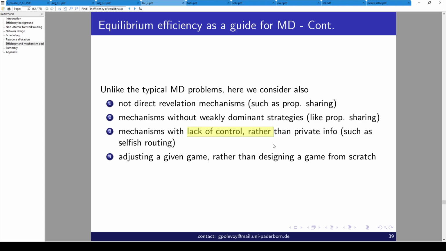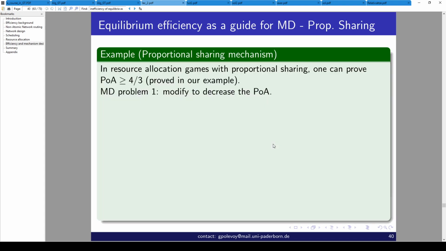For example, let's look at our old friend, the proportional sharing mechanism. We saw in our example that the price of anarchy is at least 4/3, and it's possible to prove that the price of anarchy is always at most that. In the book, they apparently divide the ratio differently, in the opposite way, dividing the smaller by the larger, so they have the opposite value, like 3/4. So don't get confused with the book.